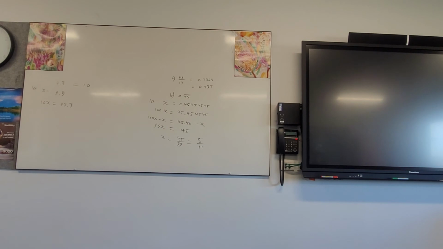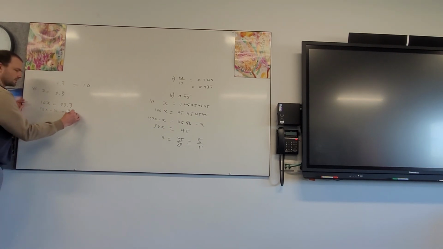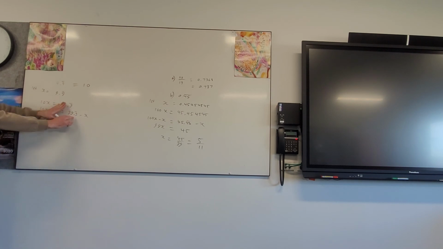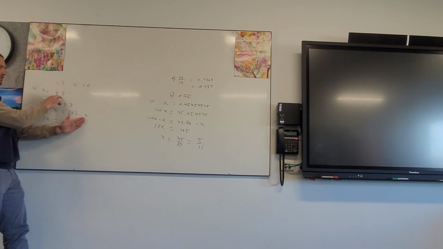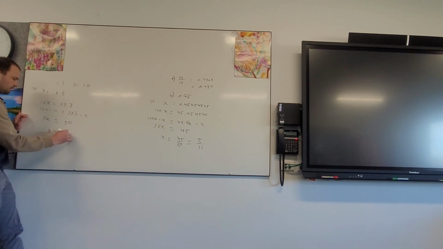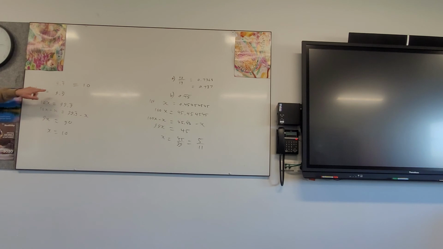And then if we do 10x take away x, it's going to be 99.9 recurring, take away x. And so here we're going to have 9x. And over here we've got 99.9 recurring take away x, which is 9.9 recurring. That's going to leave us with 90. And so we've got x is 10. We've got x is 9.9 recurring here, and x is 10 down here. We've proved that 9.9 recurring is equal to 10.